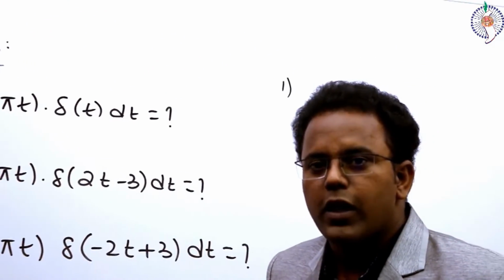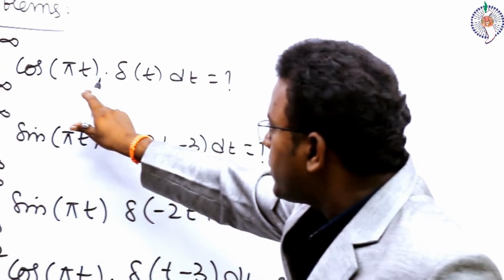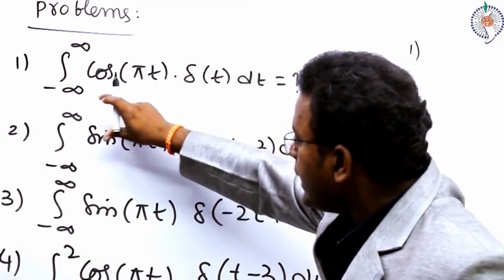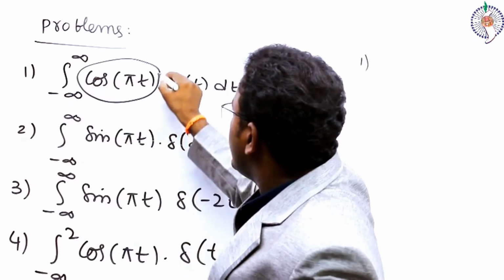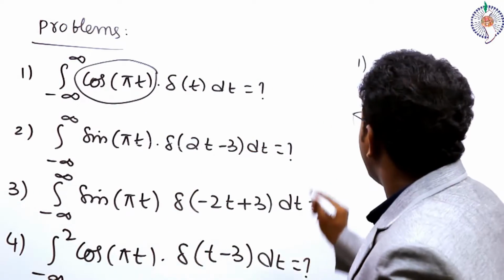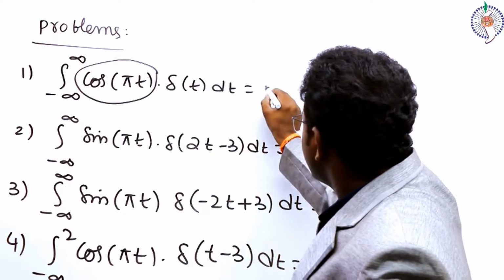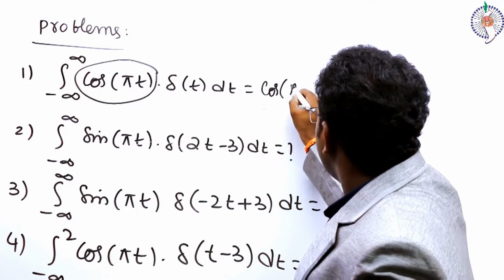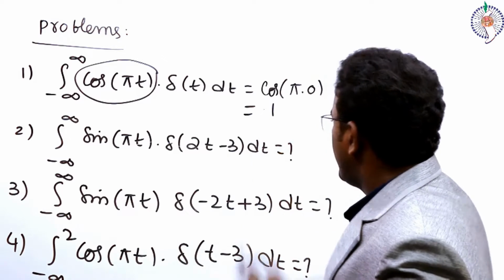If we see property number 4, integral minus infinity to plus infinity x of t into delta of t dt is nothing but x of 0, that is cos pi into t value 0, cos 0 is 1.